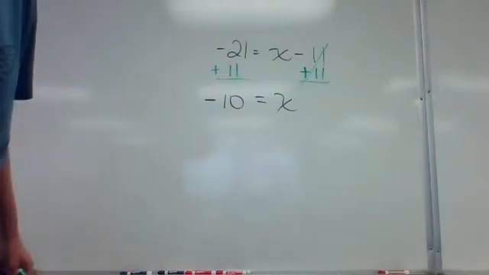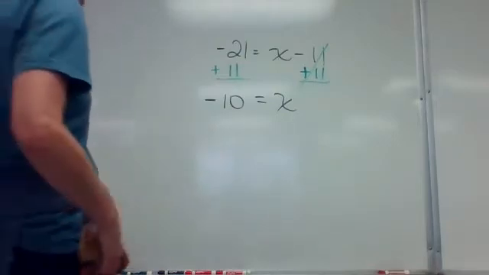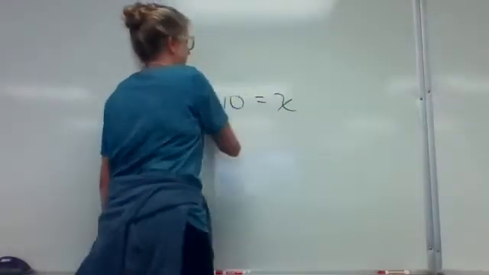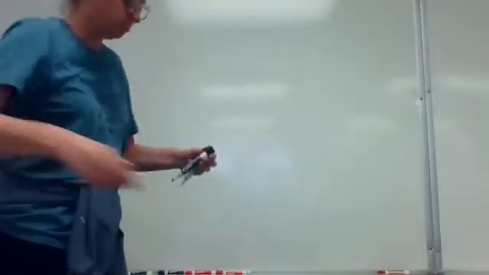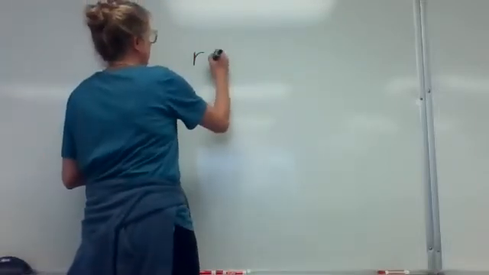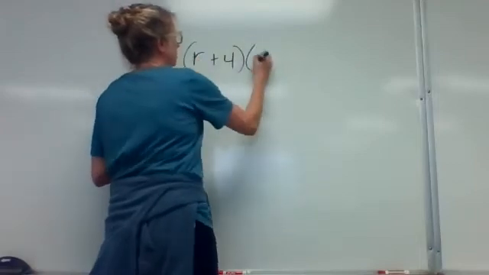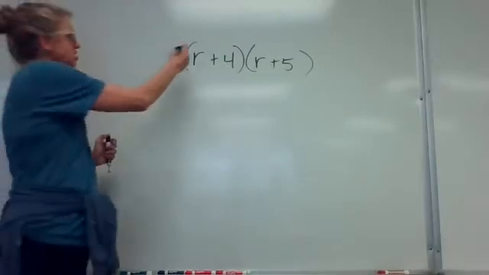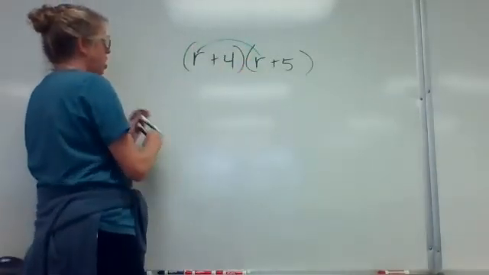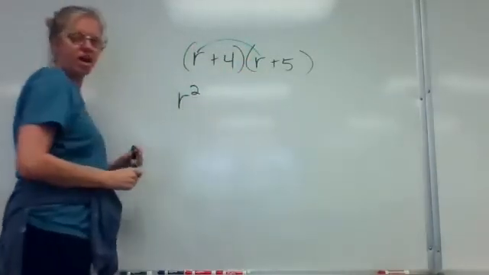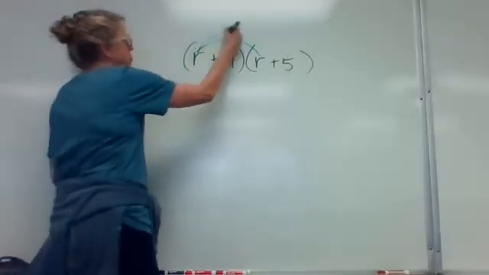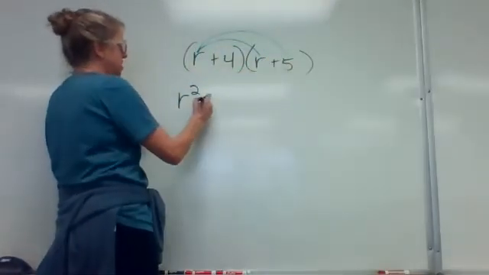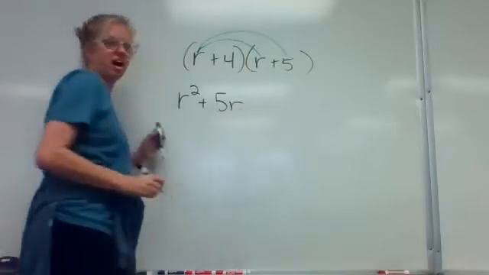Right, number 3, multiply r plus 4 times r plus 5. So I'm just foiling here. So my first, r times r gives me r squared. My outer, r times +5 is positive 5r.